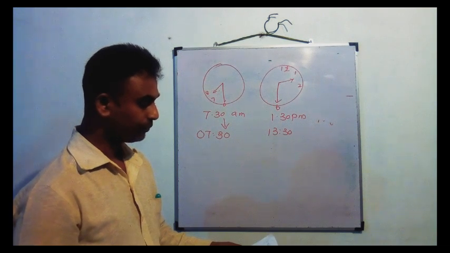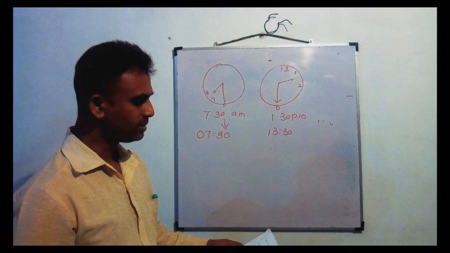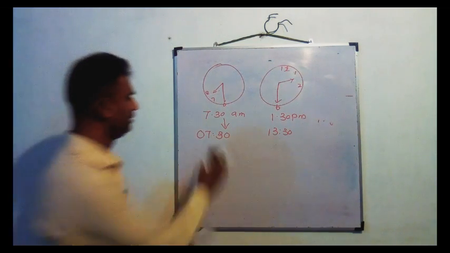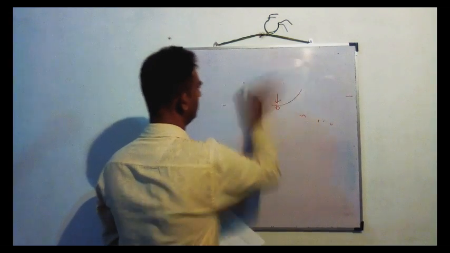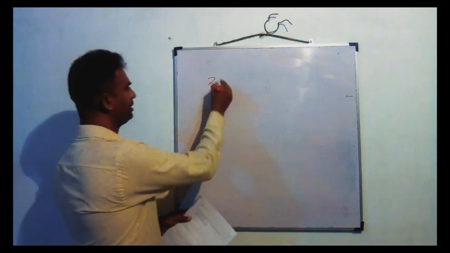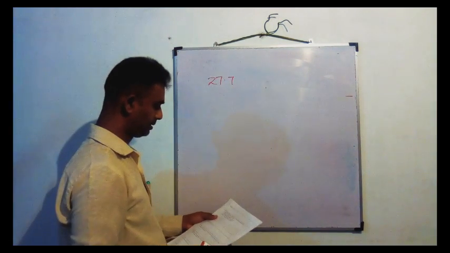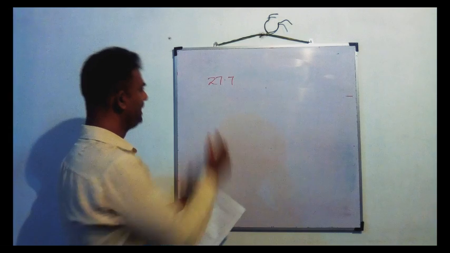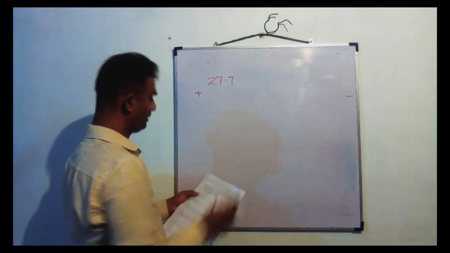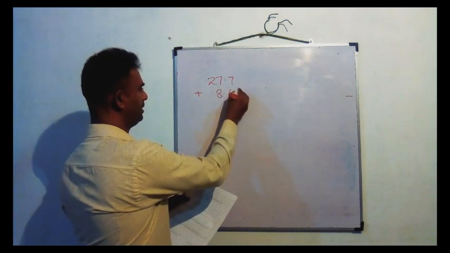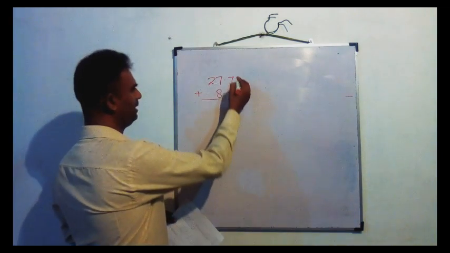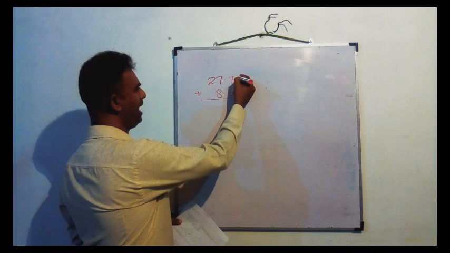Next one, simplify 27.7 plus 8.63. See how we add? Don't worry about that. Here we know that zeros are there.